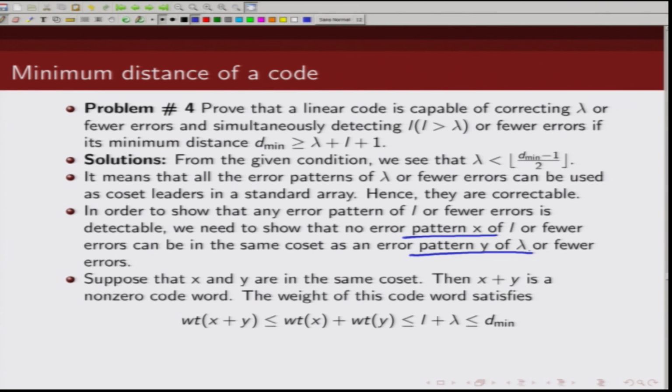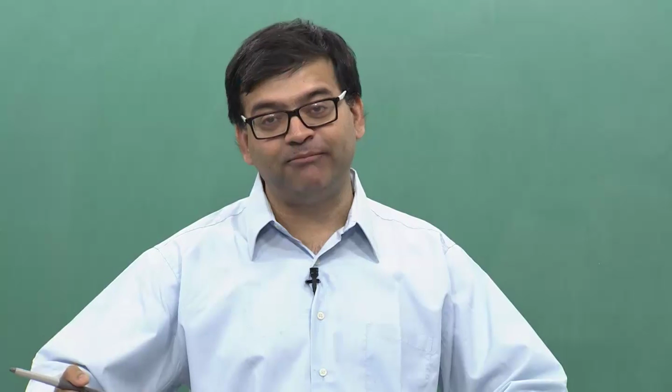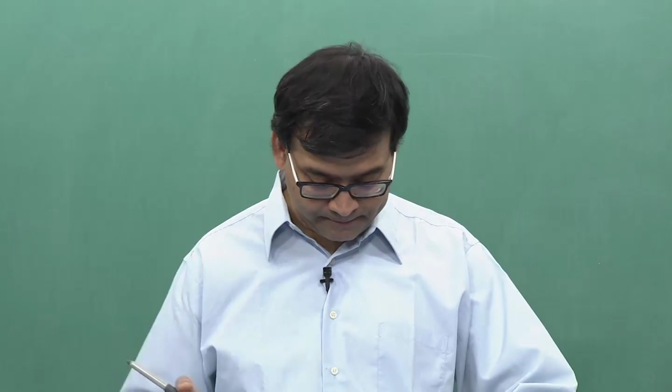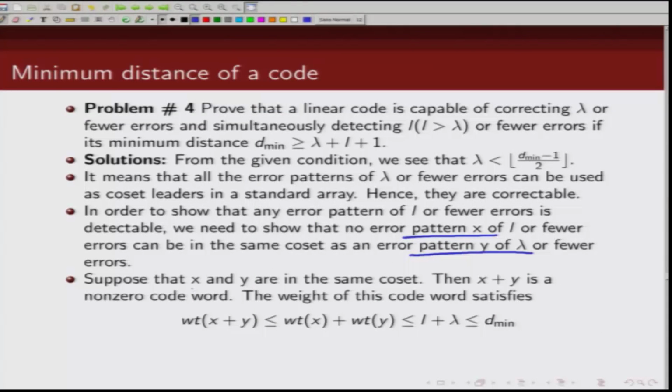We will first assume that they are in the same coset, and then we will show that this is not possible. Hence, our assumption that they are in the same coset is wrong. So, we start our proof by saying these error patterns x of weight L or less and y of weight lambda or less are in the same coset.